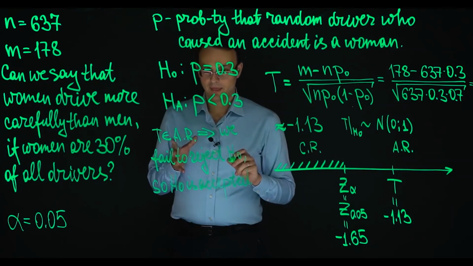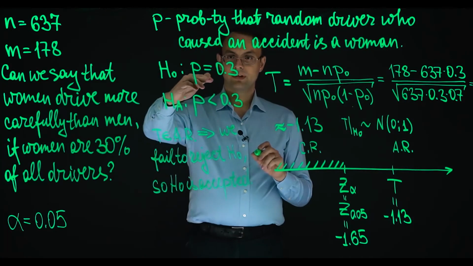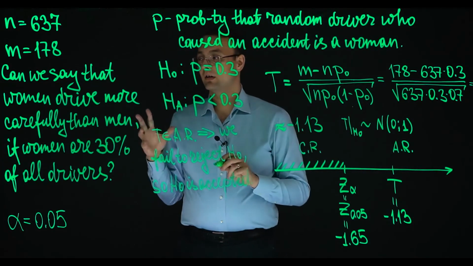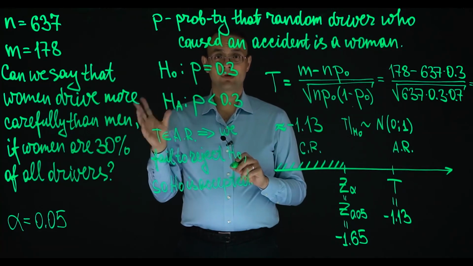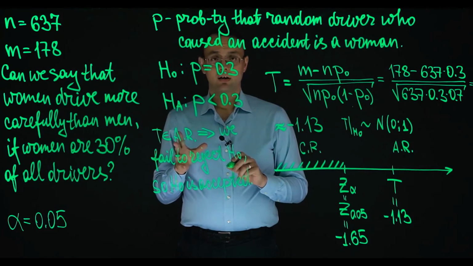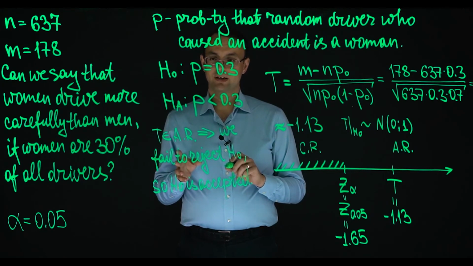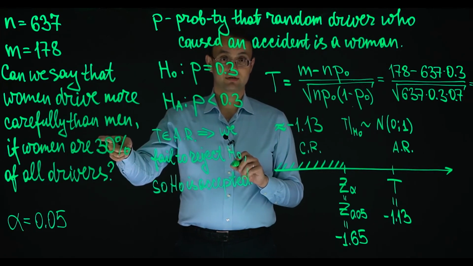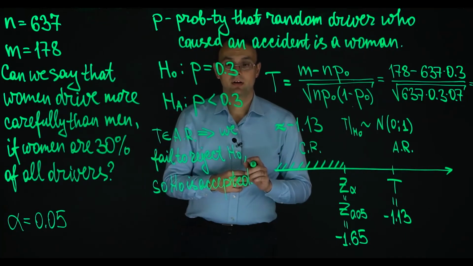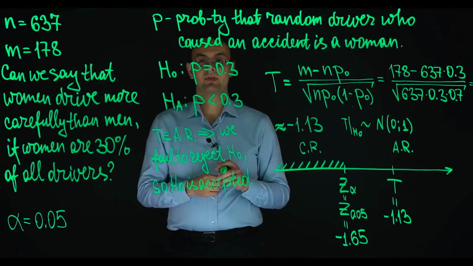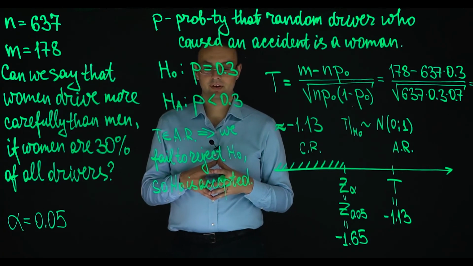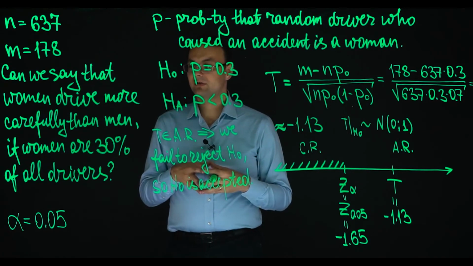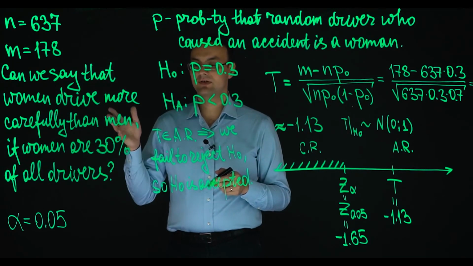H0 is that women and men drive equally carefully. So we do not accept the hypothesis we were asked to test initially, the alternative one. We accept the null hypothesis, not the alternative. So the answer to the question we were asked is no.